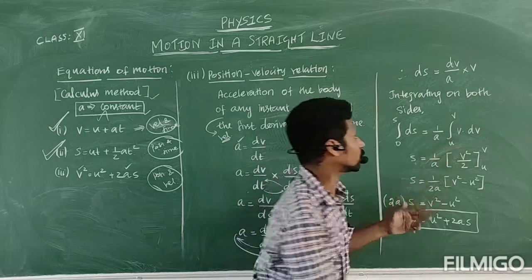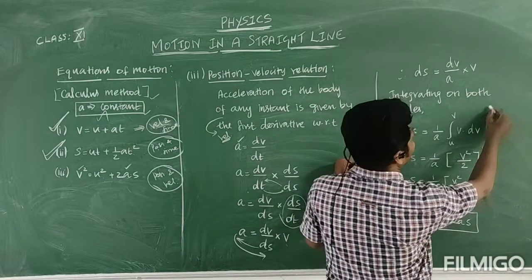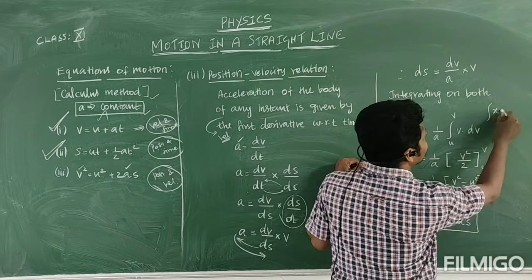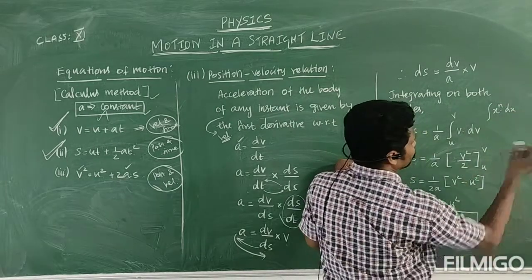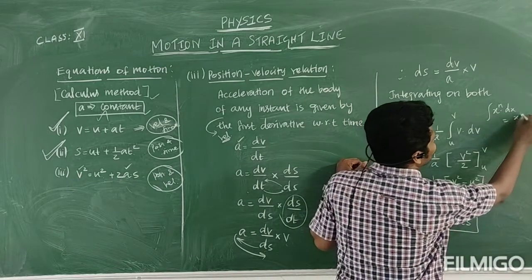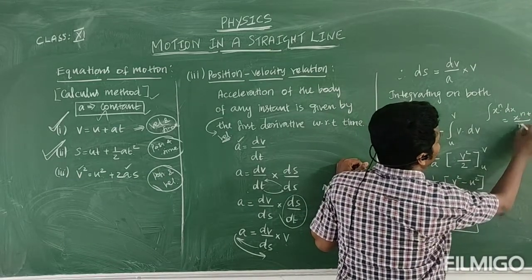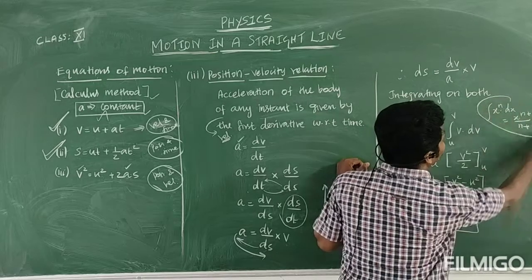Then I already mentioned the formula: the integral of x power n into dx. How can we write it? x power n plus 1 divided by n plus 1. So it is a formula.